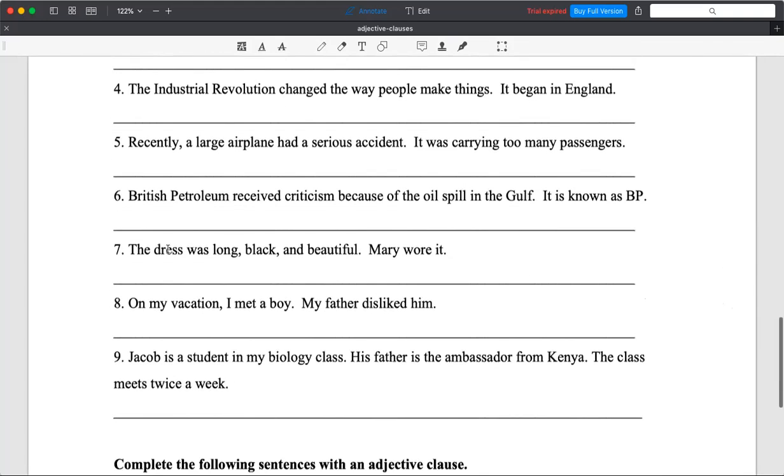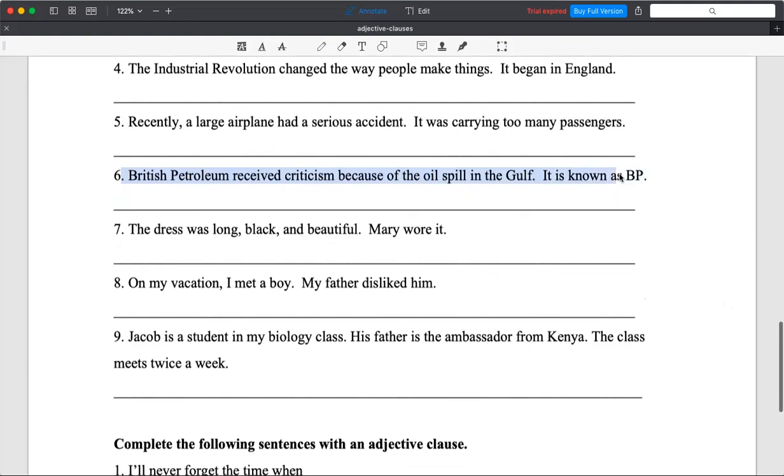Lucas, you did number 6. British Petroleum received criticism because of the oil spill in the Gulf, and it is known as BP. So he said British Petroleum, whom? I don't use whom.